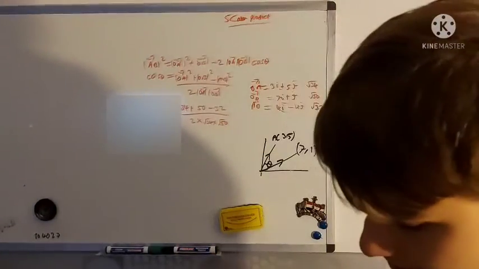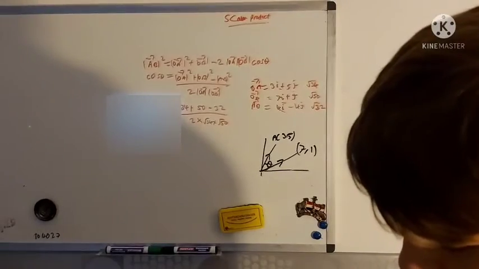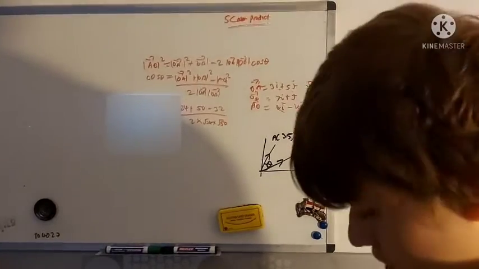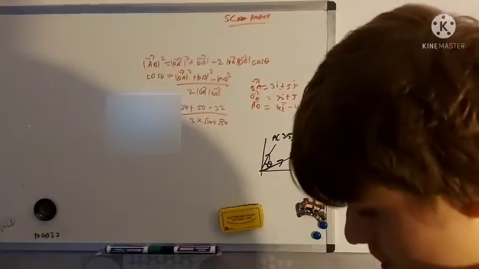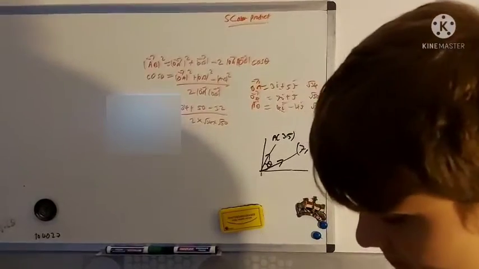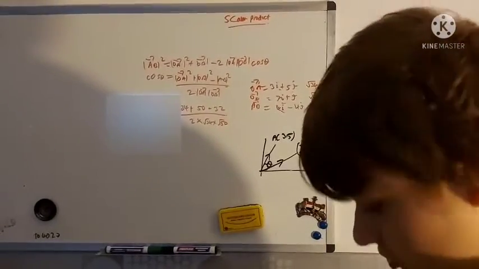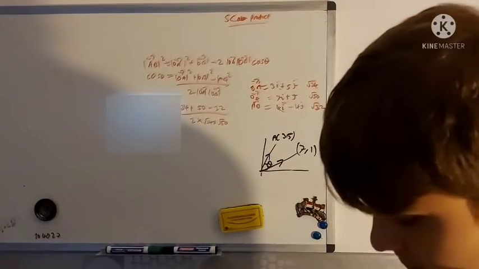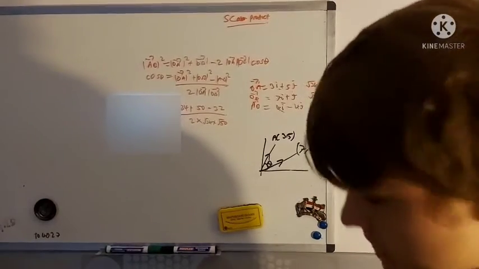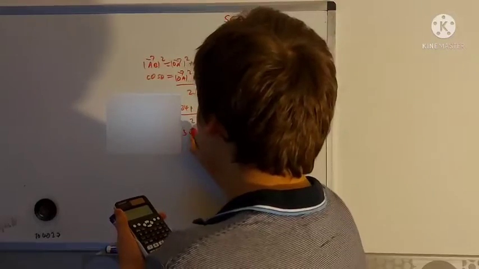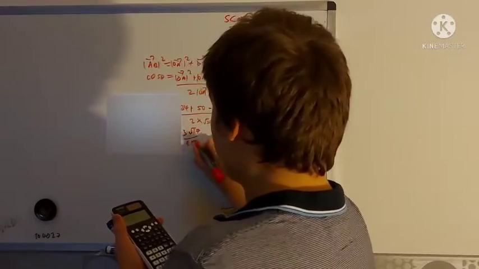Calculate it. 34 plus 50, take away 32, divided by 2 times the square root of 34 and times the root of 50, which will be 13 times root 17 over 85.